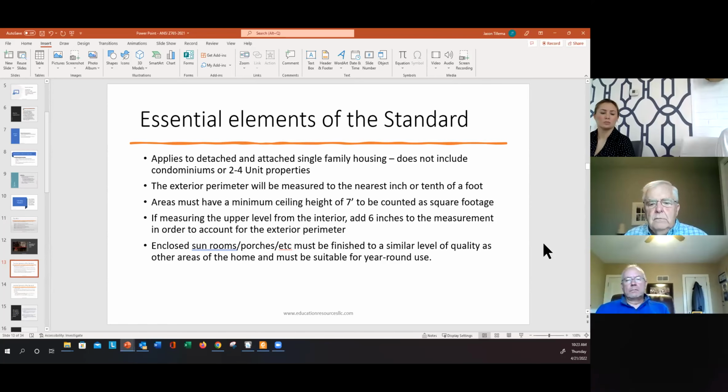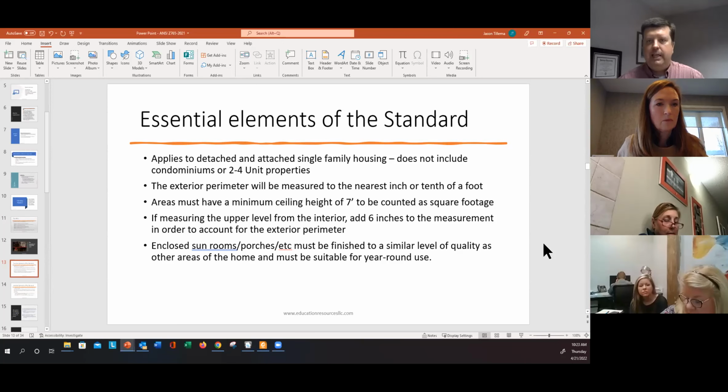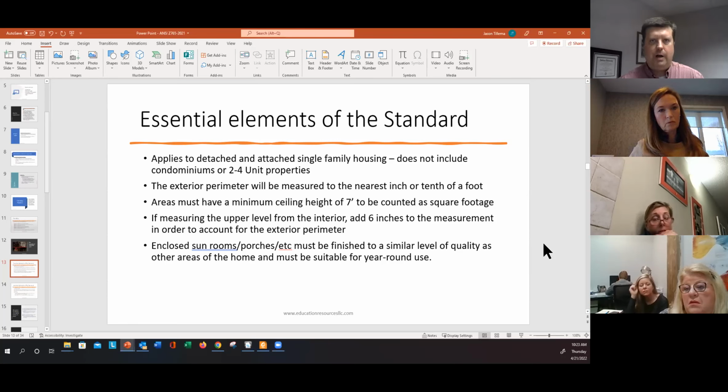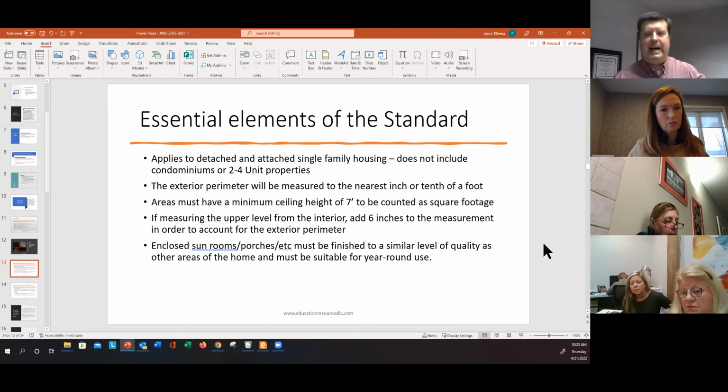Areas must have a minimum ceiling height of 7 feet in order to be counted as square footage. I have been in homes before where, just to give you a little background, I'm 6'5", and if I have to walk through a home like this, we don't have a minimum of 7 feet. And so I know as I'm walking through there, okay, that's not going to count.